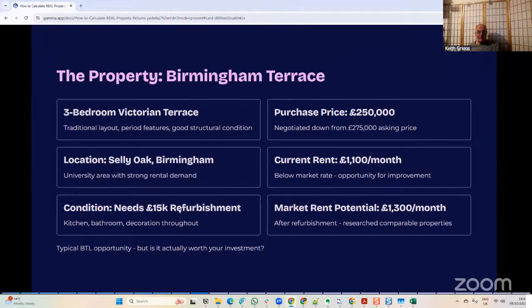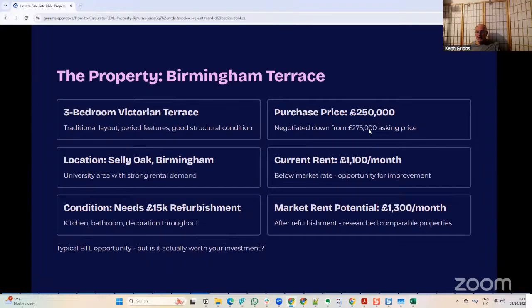Normally when you buy a property to rent out, you have to spend a bit of money on refurbishment, at least decorating it, and maybe it needs rewiring, new kitchen and bathroom, that sort of thing that can make it much more attractive to tenants and means you can get a much higher rental return, and also it means you get fewer voids. So it's normally worth spending a bit of money on refurbishment.